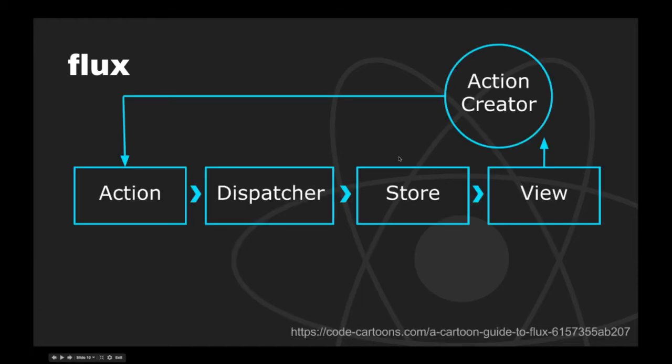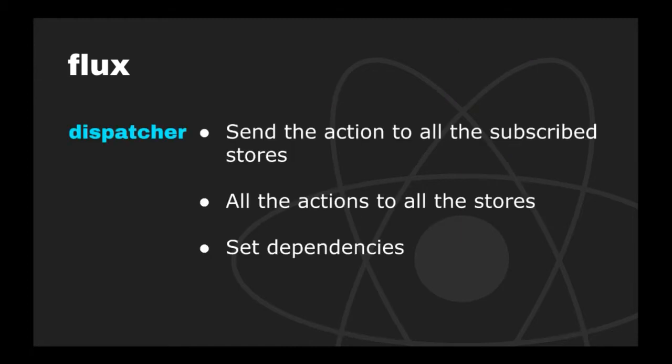So understanding this, the view is going to have a reference to the action creator, knowing all the kinds of actions that it could trigger, if we can say it like that. So it's going to call the action creator for a specific action, and that's going to go to the dispatcher. Now, the dispatcher is going to receive the action from the view, and it's going to send it to all the subscribed stores.